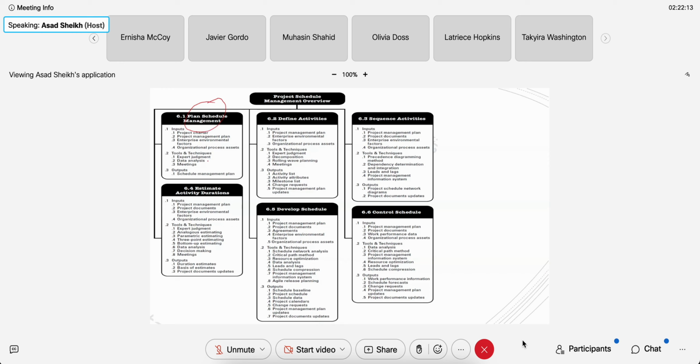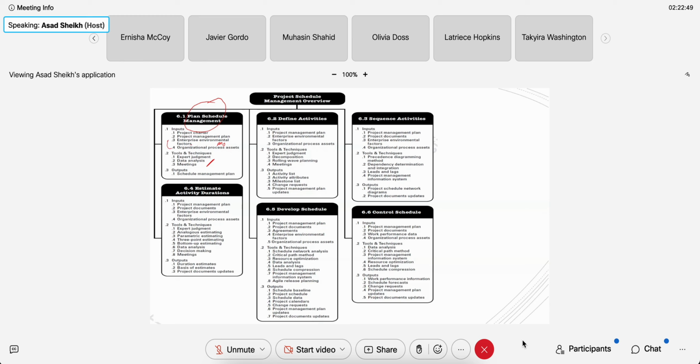For that you need data, you need meetings, then you need a charter, the management plan, and policies and procedures. Organizational process assets are your lessons learned and information from previous projects in the PMO repository.